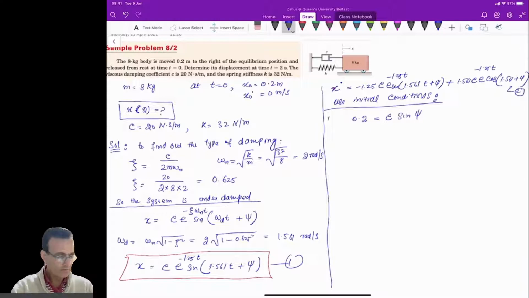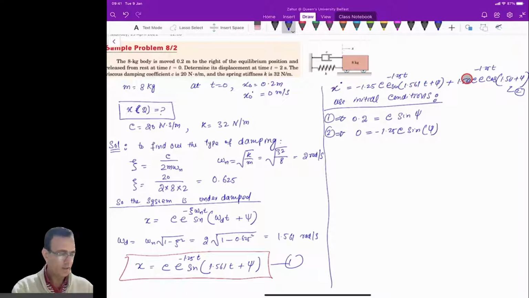So equation 1 we get this one, and from equation 2, if you put the velocity here which is 0, on the right hand side you will get minus 1.25 C sine psi, because this thing will become equal to 1 and this thing will become equal to 0.